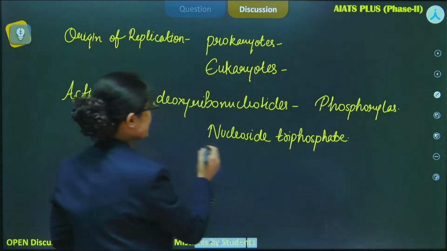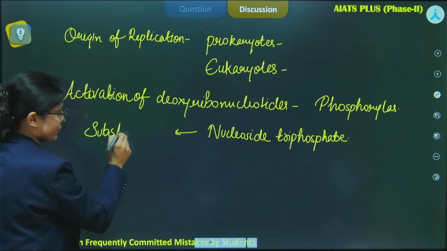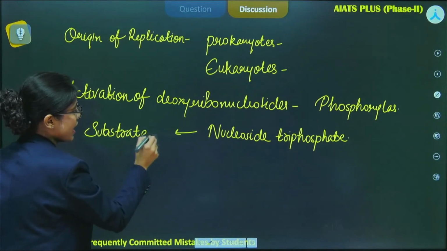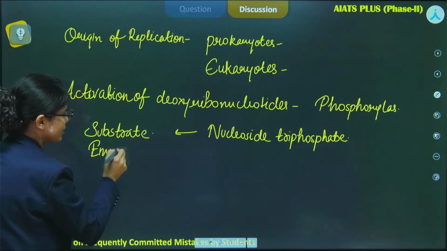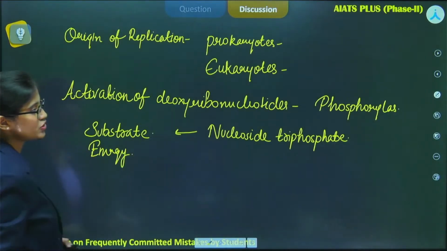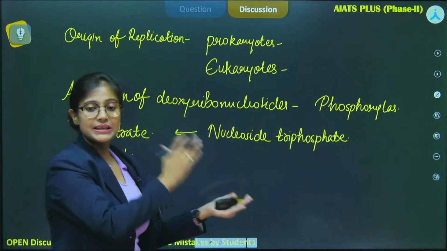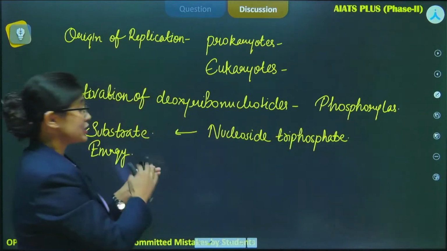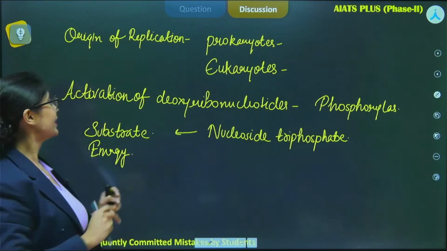Now this will act as a substrate for the process of replication. Along with that, it will provide energy to the process. How is it actually providing energy? As the phosphate groups are attached to it, once they are broken down, it will release the energy which will be utilized in the process of replication.